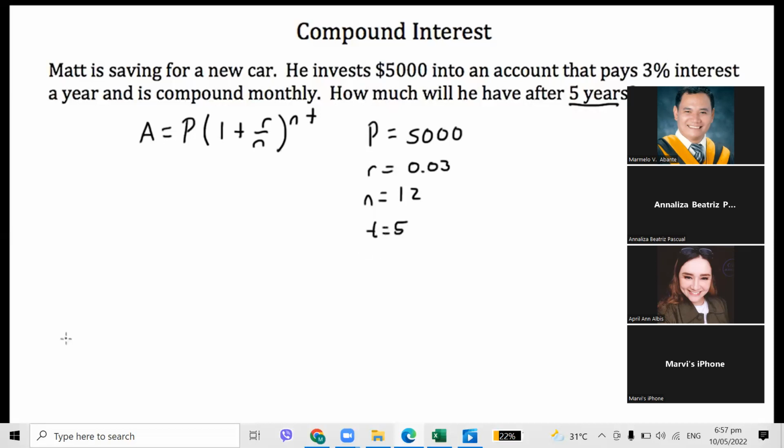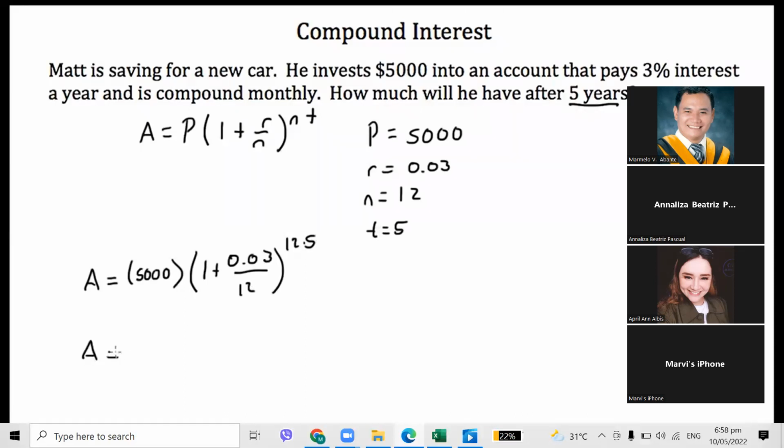If we plug all this in, A is equal to 5,000 goes in for P times 1 plus 0.03 over 12 to the 12 times 5 power.